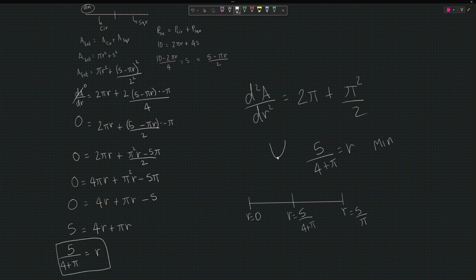Now, what do we do? Well, let's see. We have to find the maximum area. Since we're given the equation for area, we can just plug these numbers in for area if you're given a calculator. If not, then we could use the derivative and second derivative to see which way the graph is decreasing and increasing.